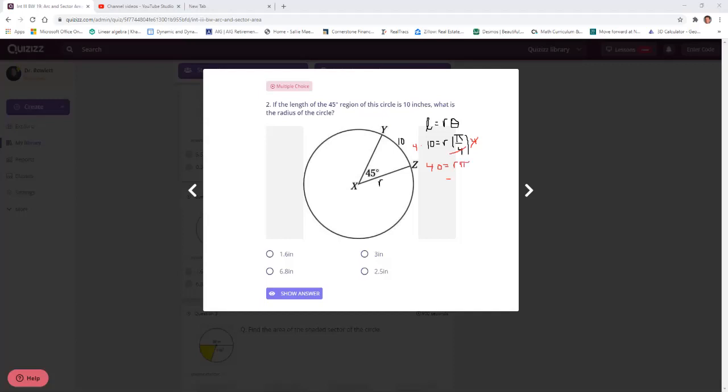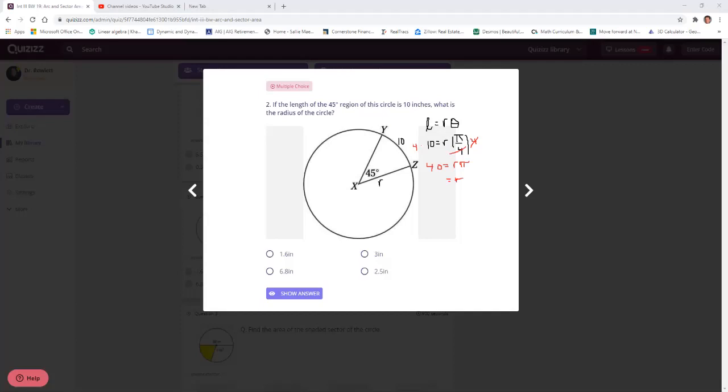And if I divide both sides by pi, the radius is 40 divided by pi. And 40 divided by pi is 12.73. 12.73. I do not see that in the answer choices. So let me go back and make sure.